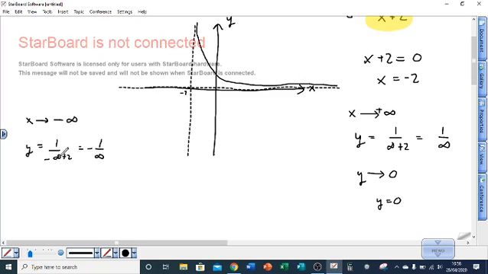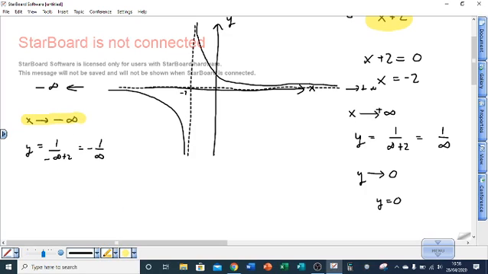Because x will always be negative, it's approaching from this way. So it's going up like that and approaches there. X at negative infinity is down here, and positive infinity is up there. So that's all you do to find the horizontal asymptotes.